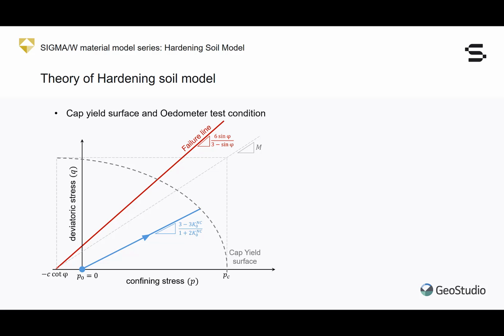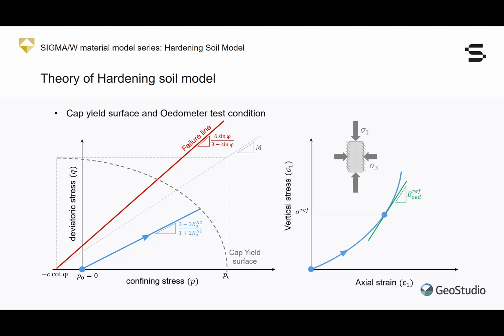That's at the tip of this blue stress path that intersects the ellipse. The stress-strain behavior of the sample in an odometer test is defined by a tangent stiffness called the odometer stiffness, or E subscript OED. Like the other stiffness quantities, the odometer stiffness is not constant, but its value depends on the stress of the specimen.